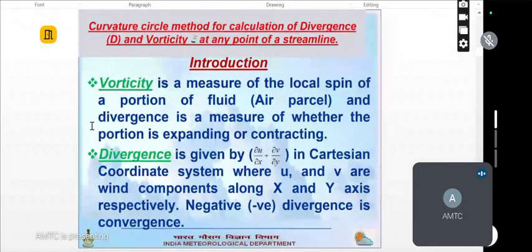So these are the two concepts we want for the total flow.